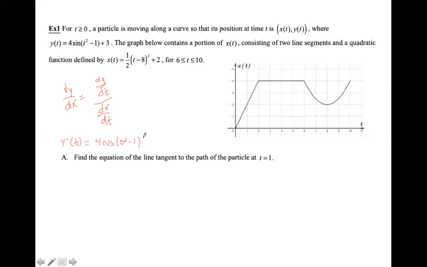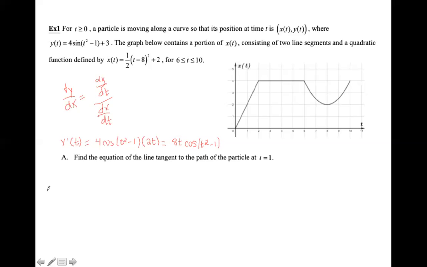Then we need the chain rule, so the derivative of t squared is 2t. And then the derivative of 3 is just 0. So this turns into 8t times cosine of t squared minus 1. So that's y prime of t.